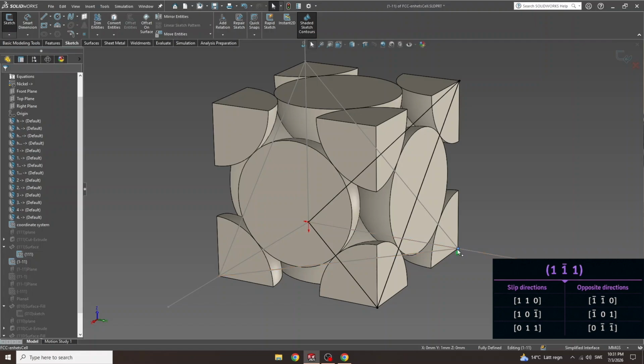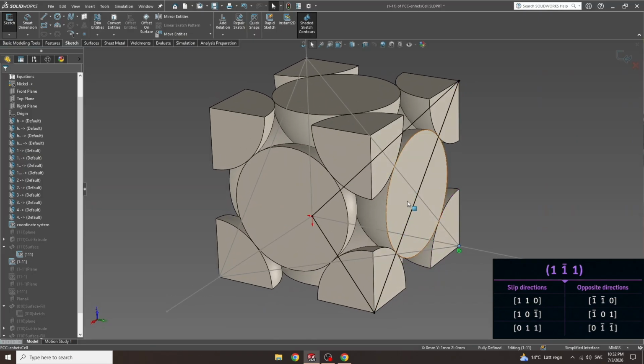How do we see that? The axes are still in the same direction. X goes this way, y goes this way, and z goes this way. So it hits the x-axis at 1, minus 1 in y and 1 in the z-axis.